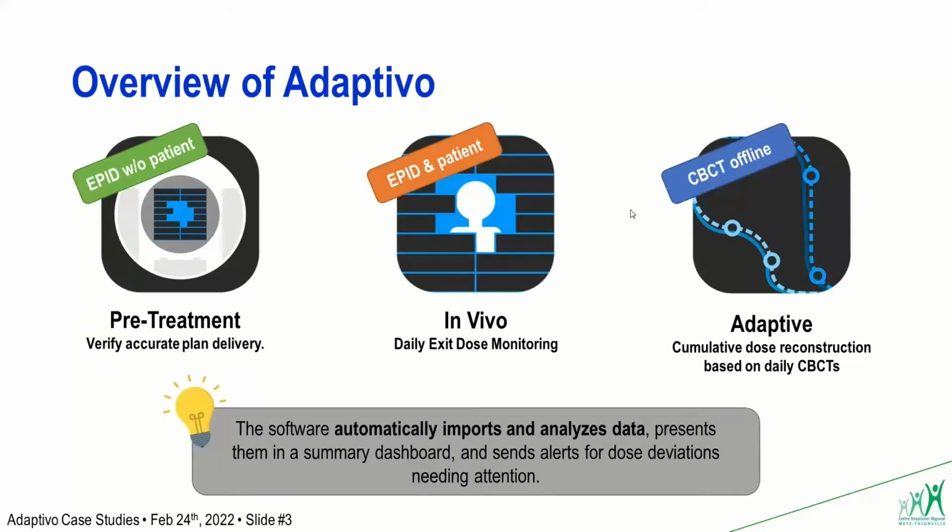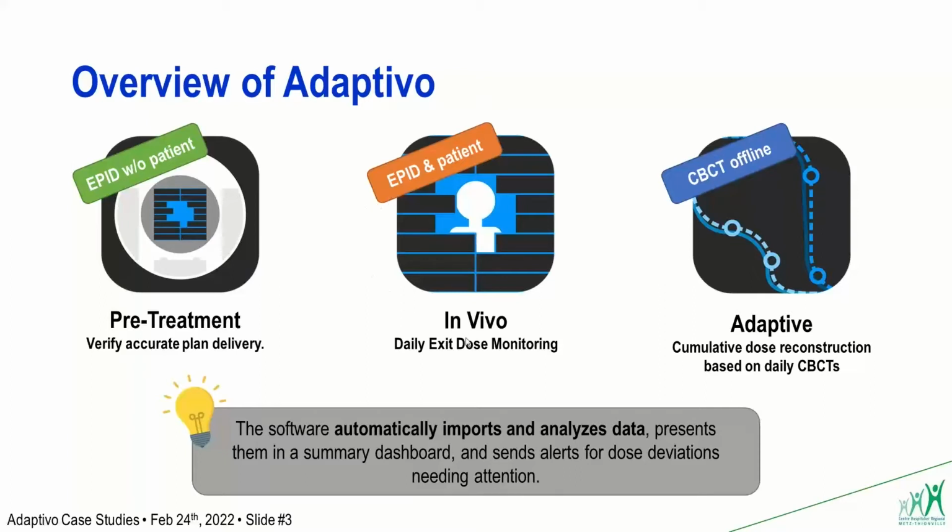To begin with, let's start with an overview of Adaptivo. Adaptivo is a software composed of 3 modules. First, on the left, you have the pre-treatment module, which uses the EPID without the patient to verify the accuracy of plan delivery. So it's a pre-treatment QA module.